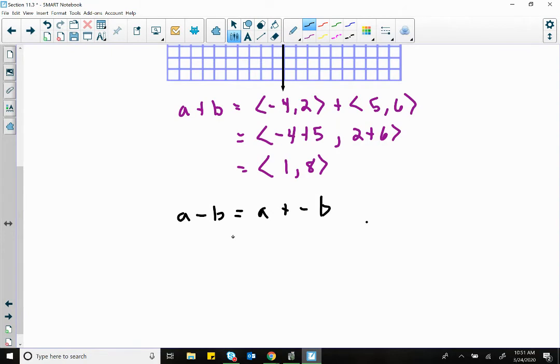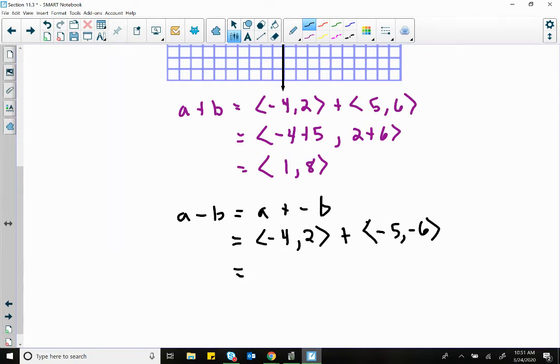So what we're really working with here then is negative 4, comma 2 plus the opposite of B, which is negative 5, comma negative 6. Pretty straightforward, right? Not too hard.